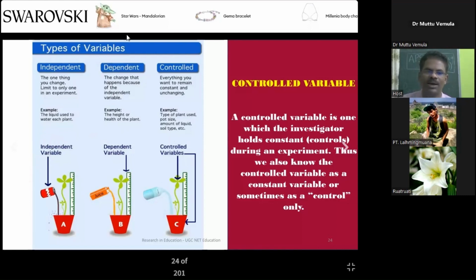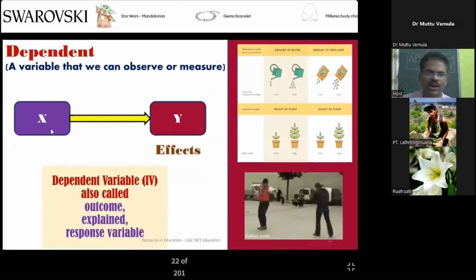For example, in the previous example, when we said your method of teaching influences achievement, no doubt. But is it only the method of teaching that will influence the student's achievement in academics? No, his interest, his personal health, home environment, friends and other members' cooperation or interference or obstacles.